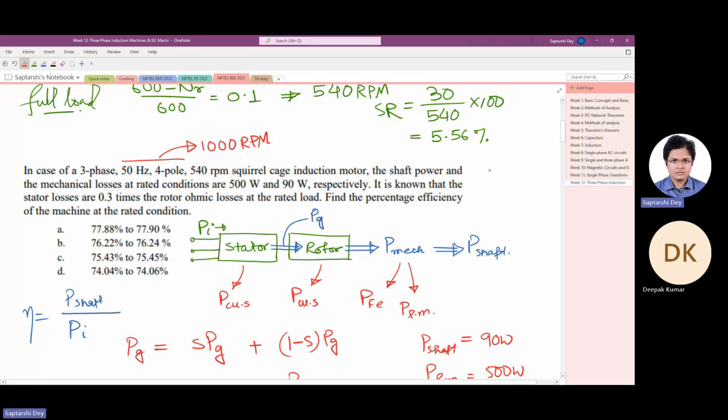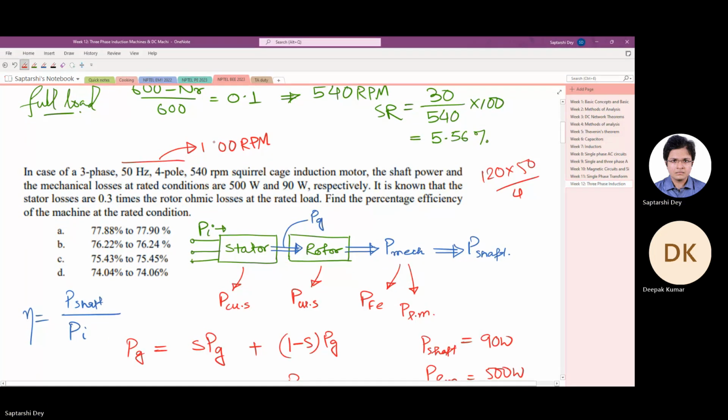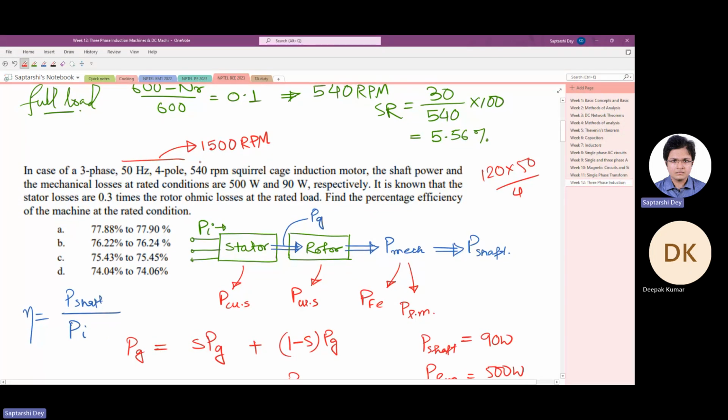Or am I making some mistake? I don't think so. 120 f by P, no, not 1000, 1500 rpm. Yeah, 1000 is 6 pole, 2 pole is 3000, so 4 pole is 1500 rpm. An induction motor having a full load speed of 540 rpm is too unrealistic, but that's what they have given.